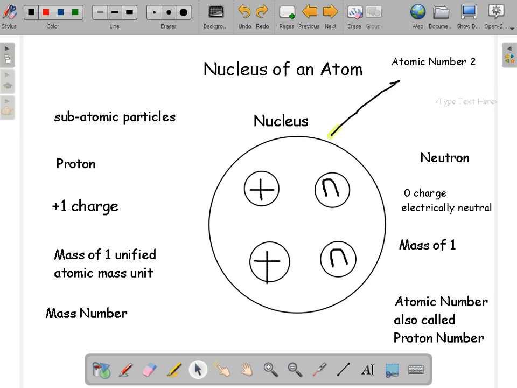So we count how many protons and neutrons there are in this atom, and these are 1, 2, 3, 4. So we say it has a mass number of 4.